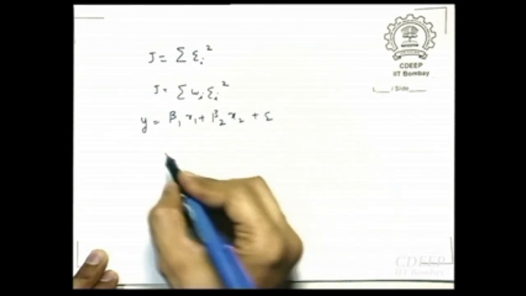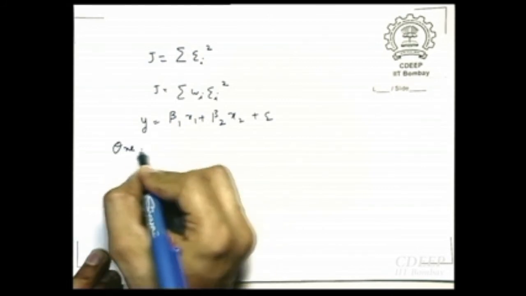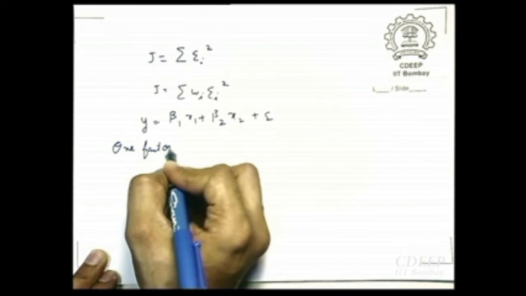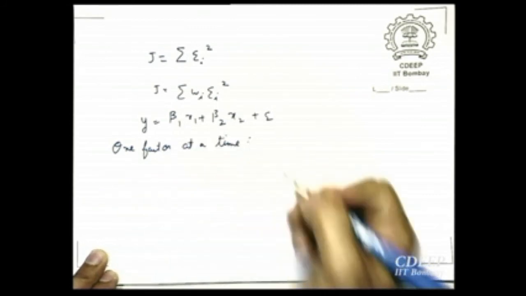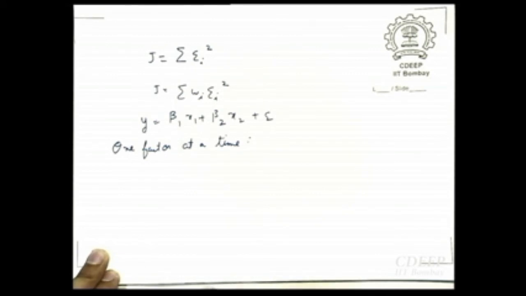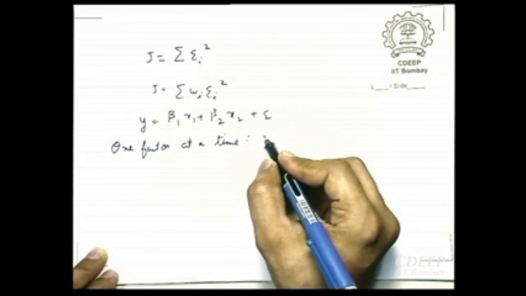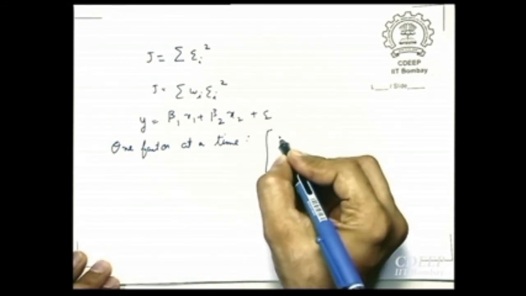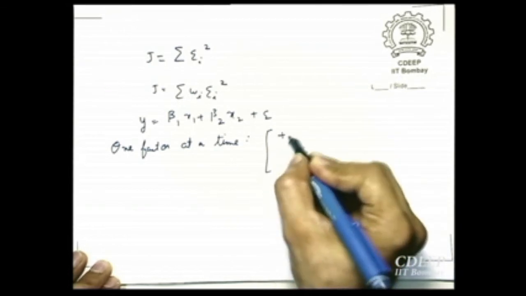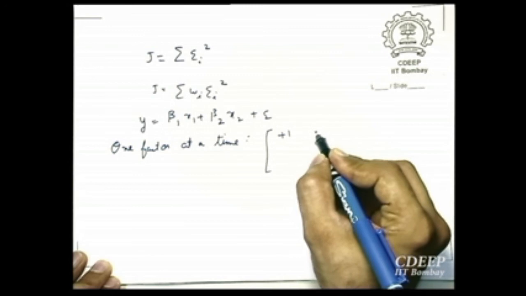So how many experiments am I doing? Let's say I use the one factor at a time approach. What were the data values for the x1, x2 combinations? I had increased x1, so x1 had become +1, and x2 had remained at 0.